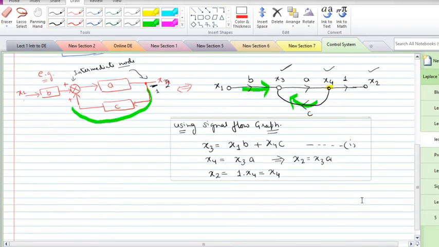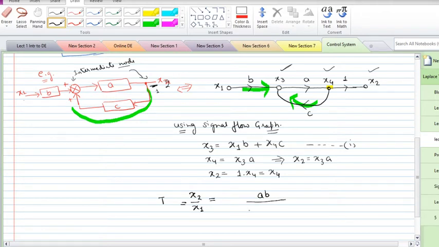In this way, if you find x2 divided by x1, that is your transfer function T, this will be equal to ab divided by 1 minus ac.